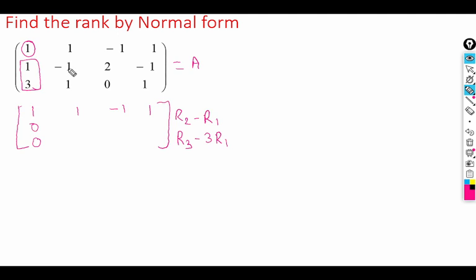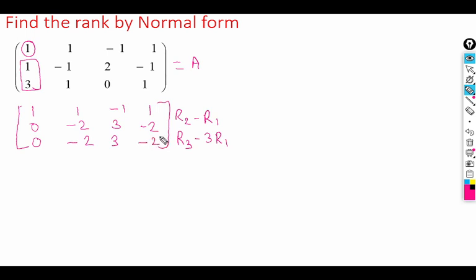See, R2 minus R1 is there. Minus 1, minus 1, minus 2. 2 plus 1, 3. Minus 1, minus 1, minus 2. Come to the last row here. R3 minus 3R1. So 1 minus 3, minus 2. 0 plus 3, yes, 3. And 1 plus 3... sorry, 1 minus 3, it is a minus 2.